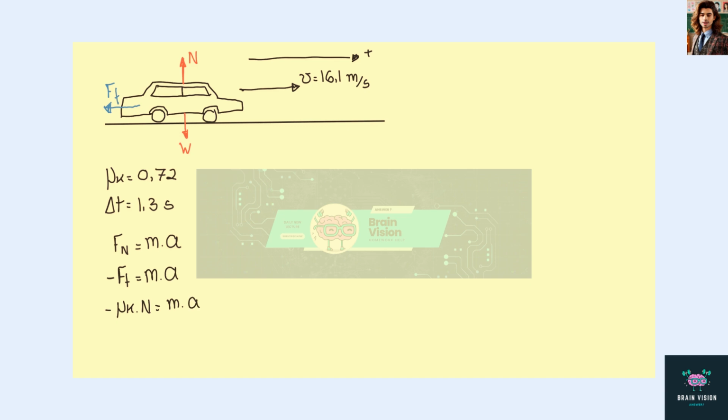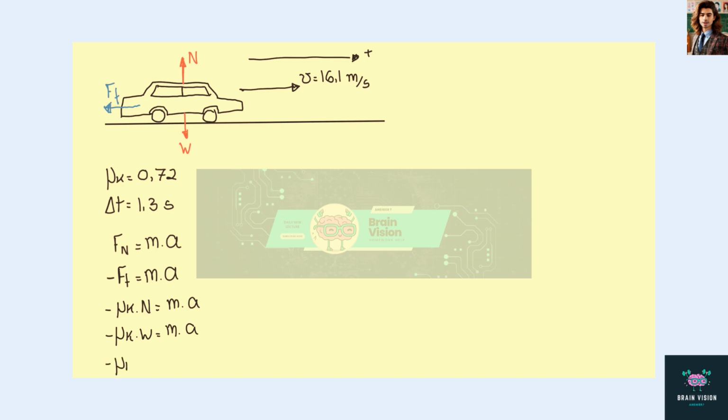In this situation, the normal force is exactly counterbalanced by the weight force, so the normal force is equal to the weight force. So here we get minus the frictional coefficient times the weight force is equal to the mass of the car times the acceleration of the car.